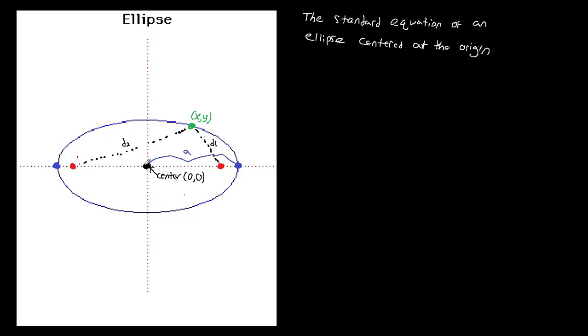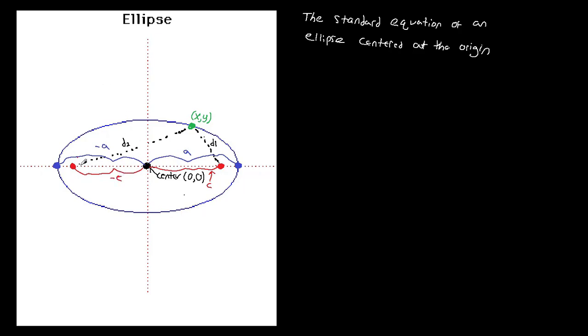Similarly, the distance from the center to the negative vertex, we're going to call negative a. The other definition is this distance here from the center to the positive focus. We're going to call this c. And the distance from the center to the negative focus is going to be negative c.